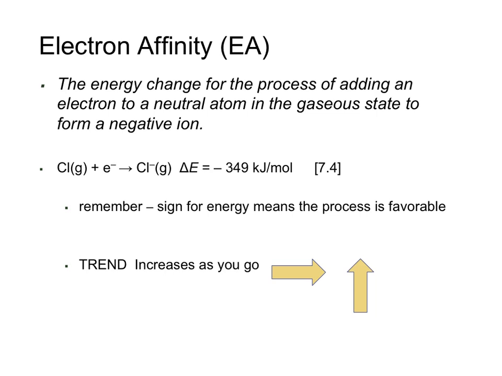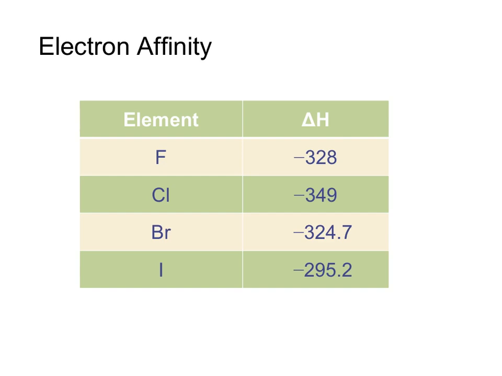The general trend for electron affinities is that they increase as we move left to right and up in the periodic table. And we can see that general trend here when we look at the halogens. It is important to note that with electron affinity, there are several exceptions to the rule for various reasons.